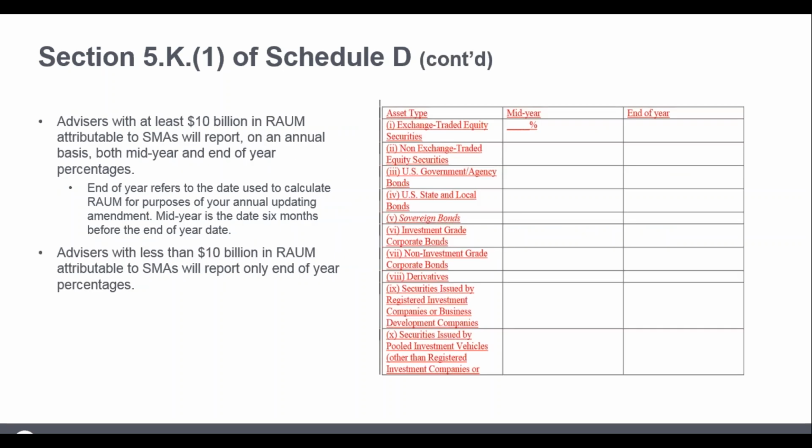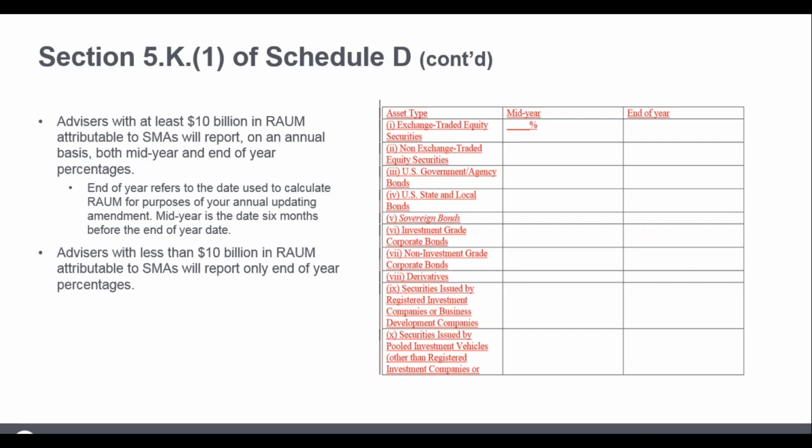So if you have at least $10 billion in RAUM that's attributable to managed accounts, you are going to have to report these percentages on a mid-year basis and an end-of-year basis. So the mid-year reporting is not going to require a prompt amendment, but rather it's going to be entered on a looking back basis.